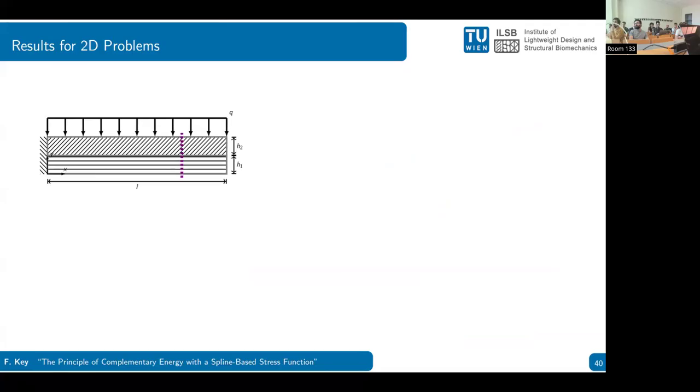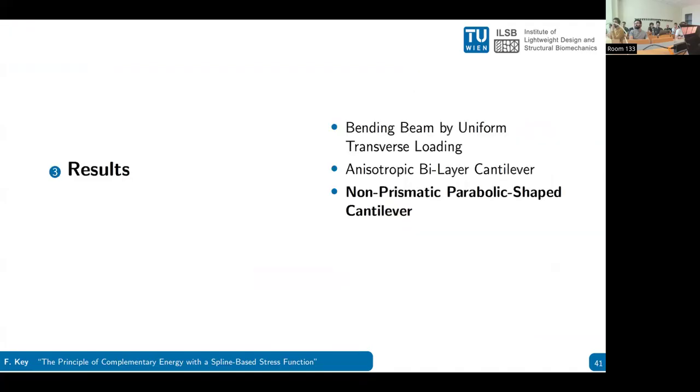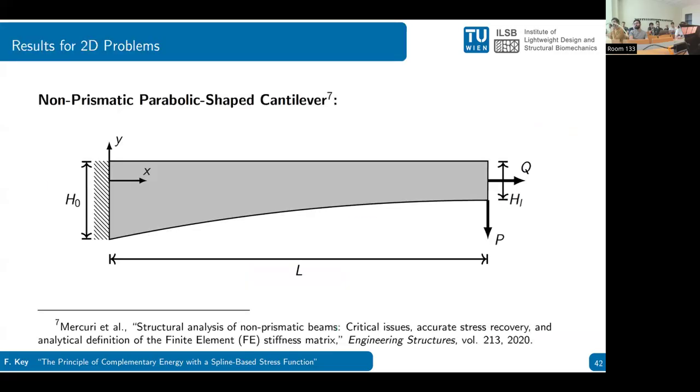Also for the other components this works, and I think I don't have so much time left, therefore I want to show the last one, where material behavior is again isotropic, but now we have not a rectangular but a non-prismatic parabolic shape. Also, therefore, difficult to solve with analytic methods.